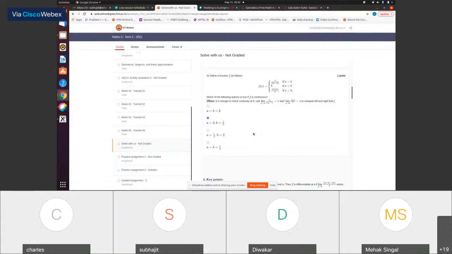And this function is already continuous. So the only problem arises when x is equal to 0, because at 0 there is a breaking of this function. So you only have to check the continuity at x equal to 0, right?